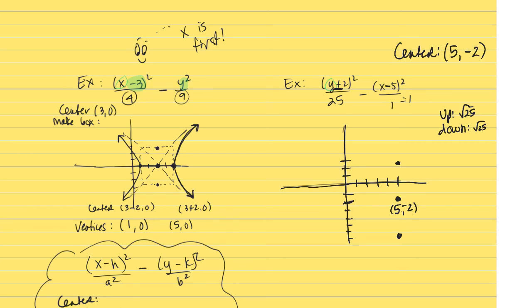And whatever the denominator on the x is, I move left and right 1 unit from my center. Okay, do my little box, do my diagonals. Oh, this is pretty steep. Do the best that I can there.